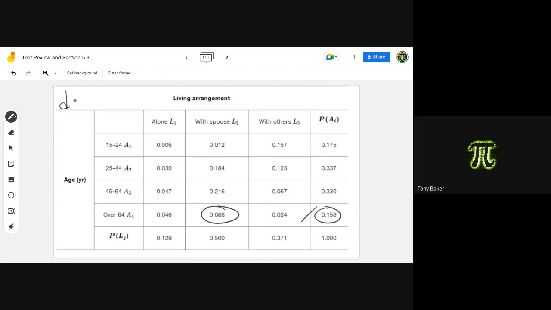So D is 0.088 divided by 0.158. It can never be over 1, so if you swapped it, you know you did something wrong. Which comes out to be 0.557.